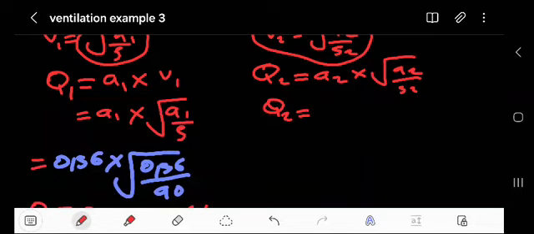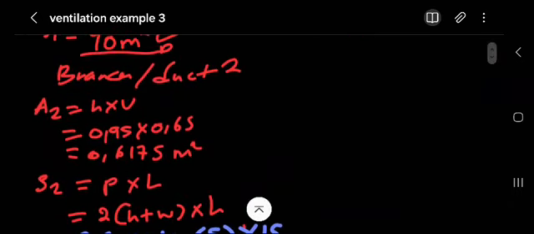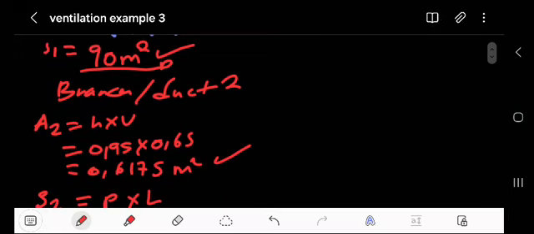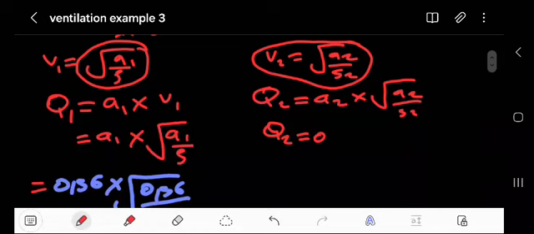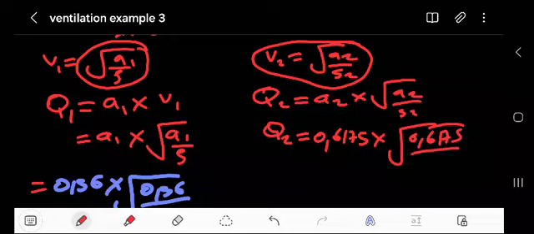So for Q2, area 2, we have calculated area 2 here. It is 0.6175, multiplied by the square root of 0.6175 over the surface rubbing, which is 48.